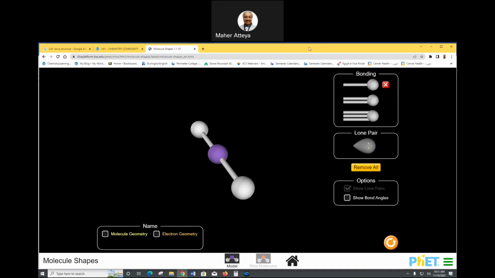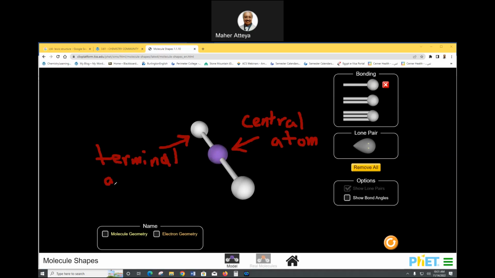This is called the central atom. As I said, today there is no lab. Today is theoretical. So this is the central atom, and those here are called terminal atoms, or atoms at the edge.